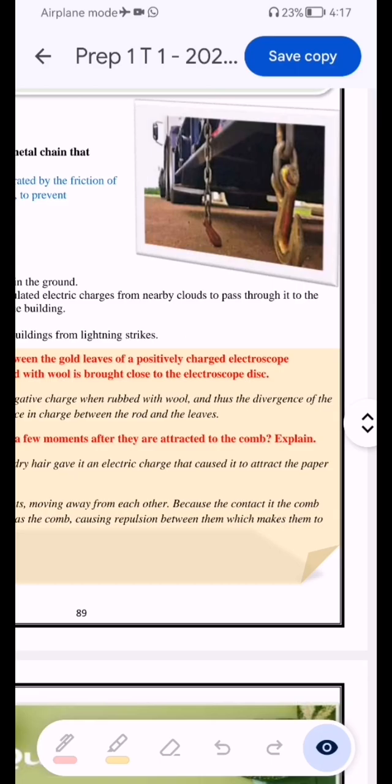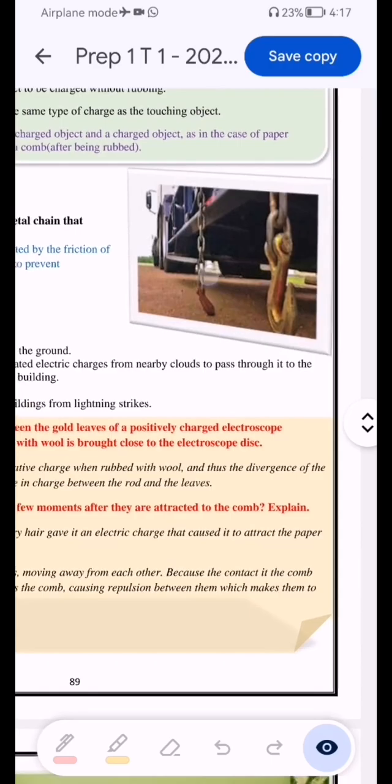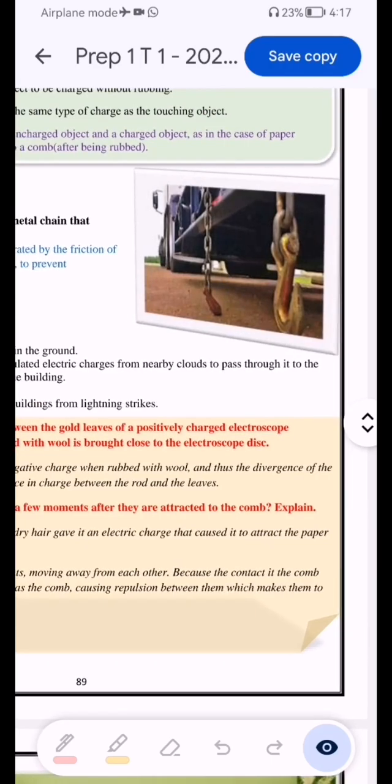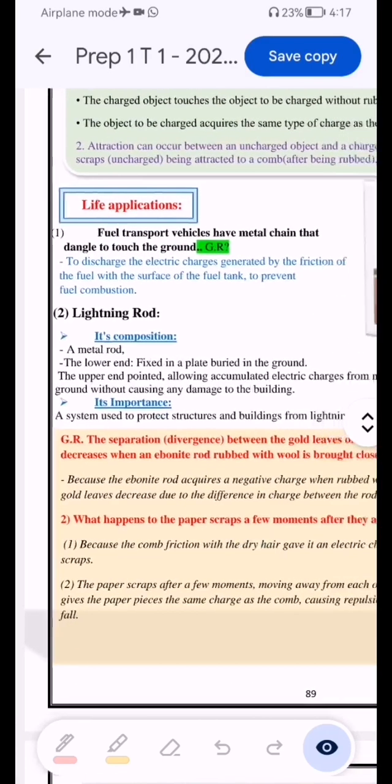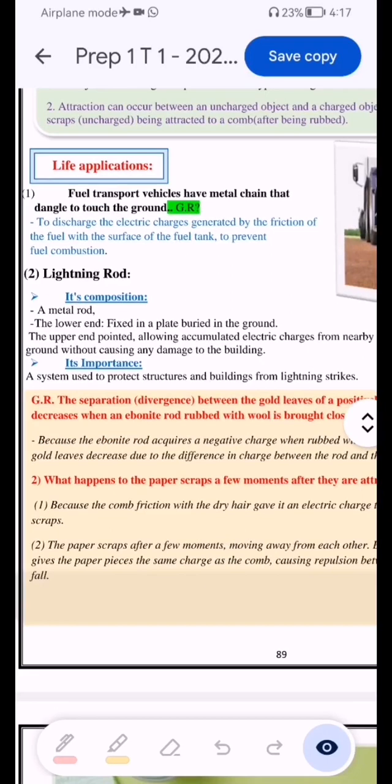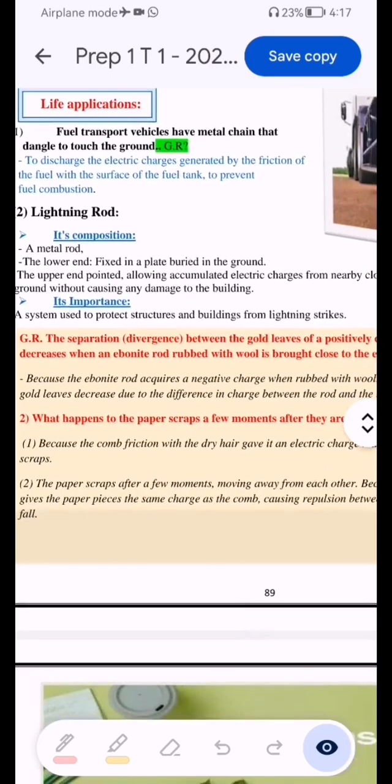When these charges accumulate and accumulate, what happens? Fuel combustion will occur. So the chain is found in this vehicle to discharge the charges produced due to friction. It will take them to the ground, so that prevents fuel combustion. To discharge the electric charges generated by friction between the fuel and the surface of the fuel tank, to prevent fuel combustion.